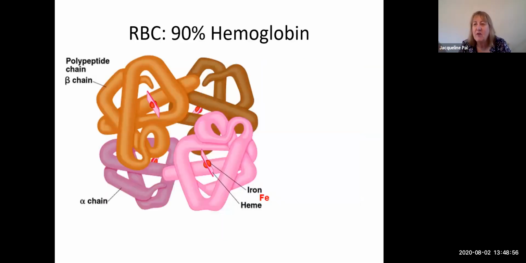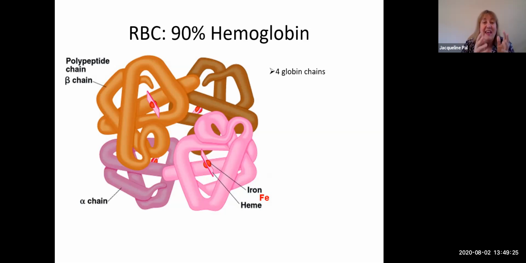So if it doesn't have all that stuff in it, what is inside an erythrocyte? Well, 90% of it is this protein known as hemoglobin. And so hemoglobin is not just one thing like here's hemoglobin. It is actually a bunch of things together. So if you look at the word, you can see it's broken down into hemo and globin. And globins, those were some of the proteins that we had. So globin is a protein.